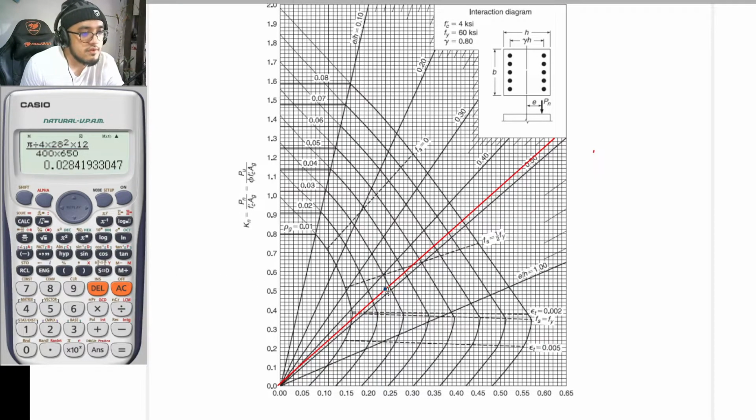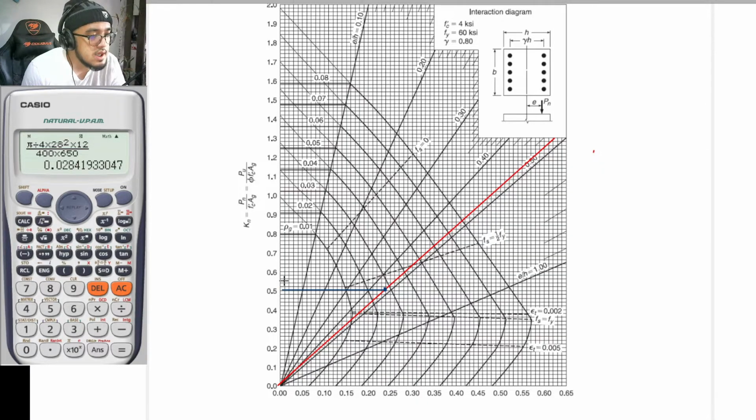So with that, after pinpointing the location of the intersection of your E over H and your rho g, you will now either be projecting it to the left or projecting it downwards. So in here, guys, I am assuming that my projection is correct. So let's say that this is to be it.